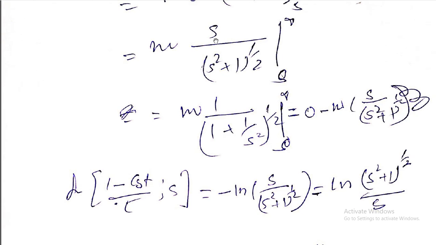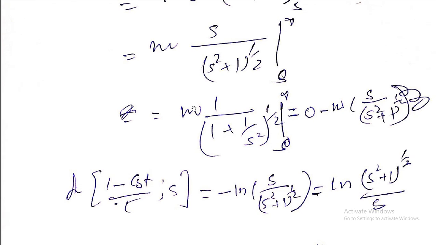When we divide this by s, it becomes 1, and when we take s inside the square root, it becomes s square. So s square divided by s square is 1, the s square will be cancelled, and we just have 1 by the square root of 1 plus 1 by s square.